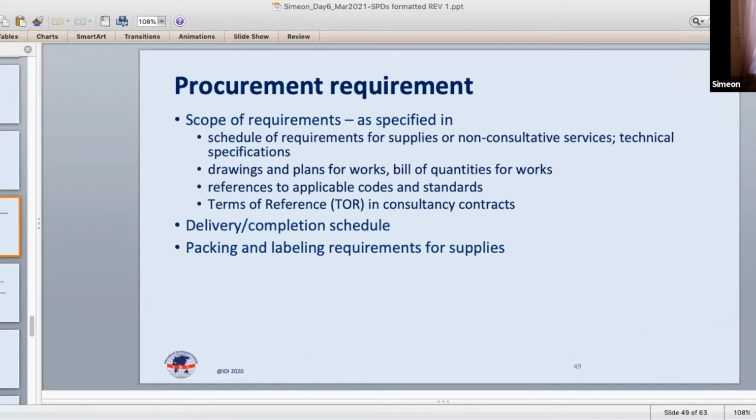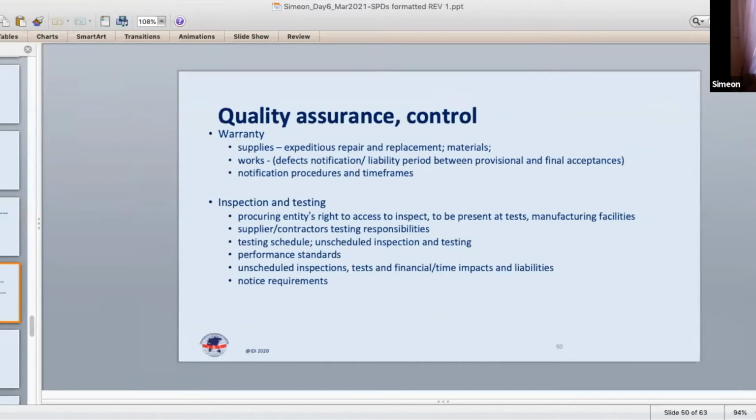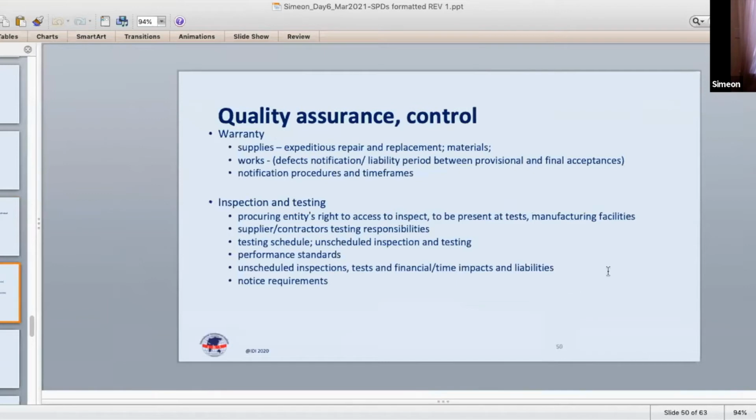Another aspect of the procurement requirement that's specified in the contract is the timing of the delivery obligation. Then there's mentioned here also packing and labeling requirements. Quality assurance and control issues.